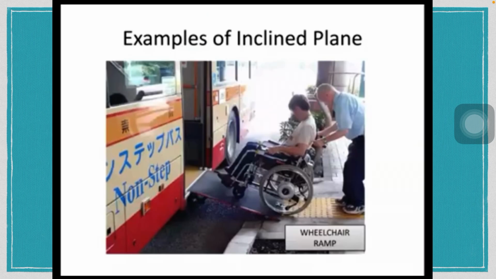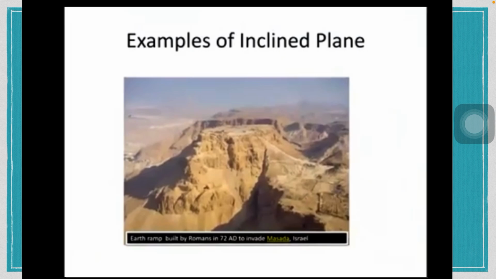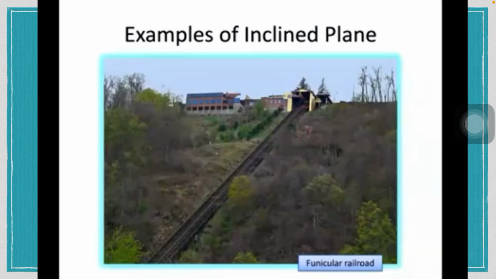Because of this, students, less weight is felt and it moves easily. This is also an example of an inclined plane. As you can see, this temple is far up the mountain. So here also an inclined plane is used.